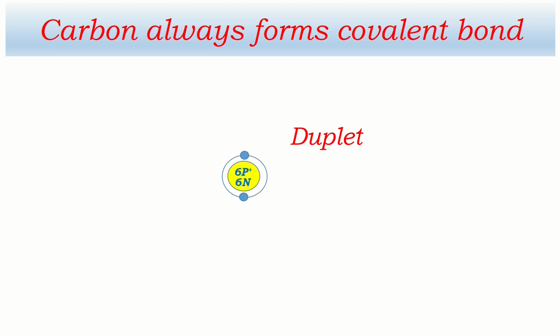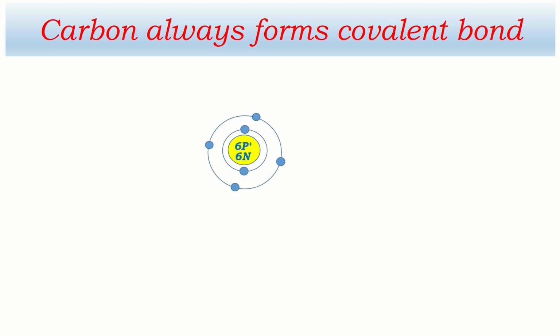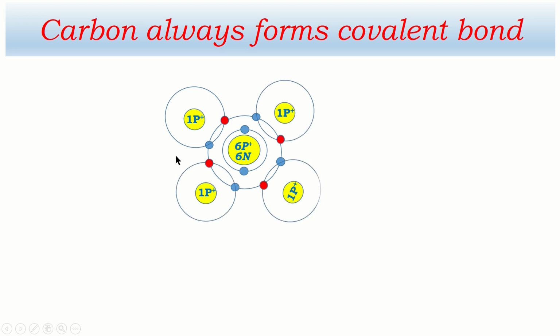So what happens with carbon exactly? Actually it shares electrons, because it cannot lose and it cannot gain, so it shares electrons. Just for example, if a hydrogen atom shares its 1 electron with carbon this way, and another also shares in this way, then it is possible. Why? Because now here we have 8 electrons in the outermost cell.